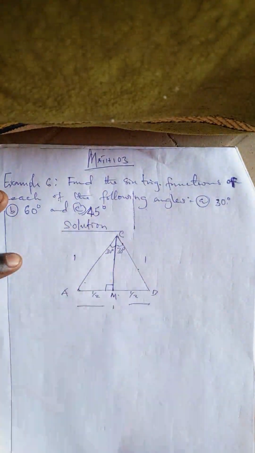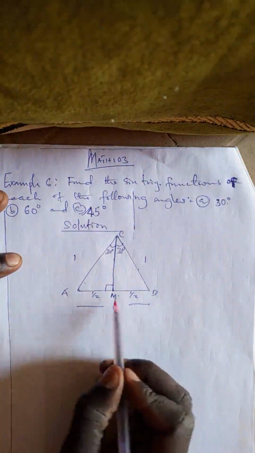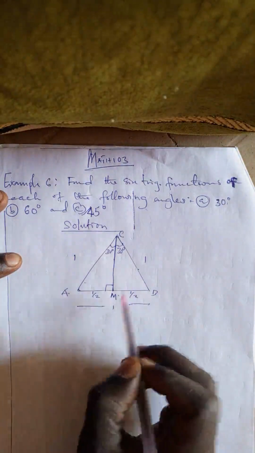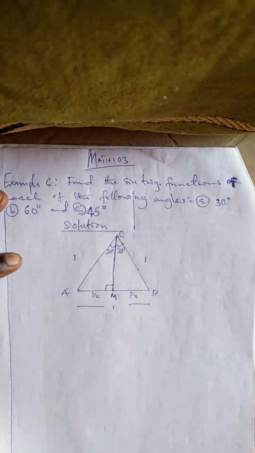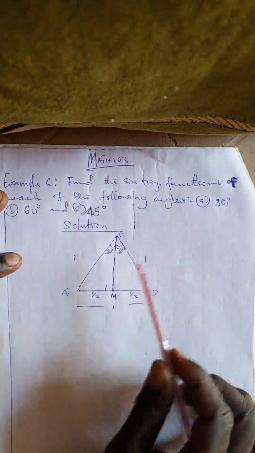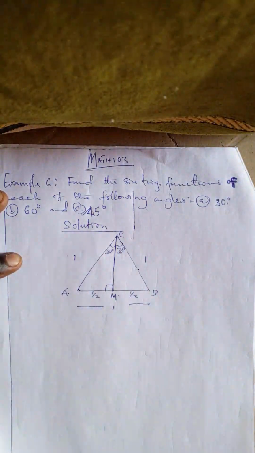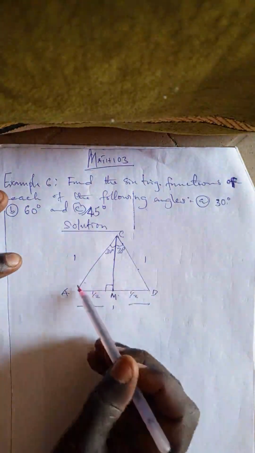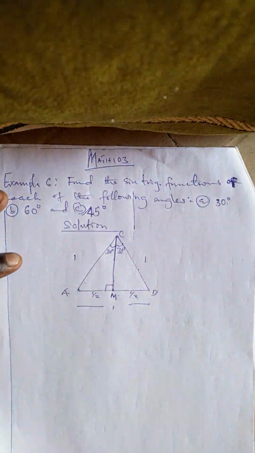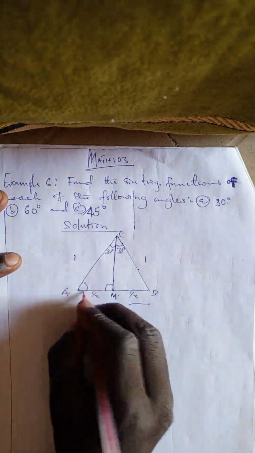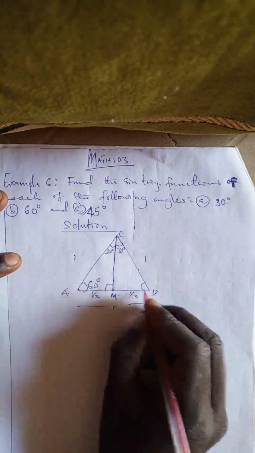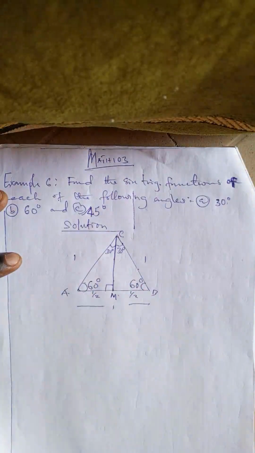Let's call here M. So triangle AMC is a right angle triangle on its own. We have another similar triangle, MBC. So you can use either of the two to find the trigonometrical ratios of 30 and 60 degrees. Now here is 60 degrees. Here is also 60 degrees, as we have mentioned earlier.